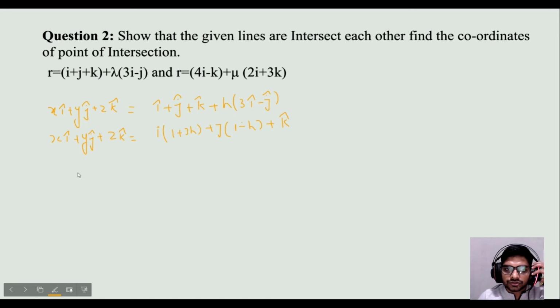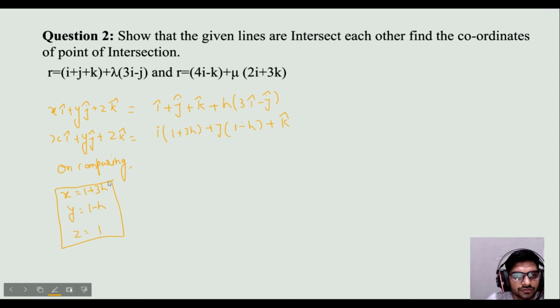So on comparing, x equals 1 plus 3 lambda, y equals 1 minus lambda, and z equals 1. This gives the x, y, z for the first equation.